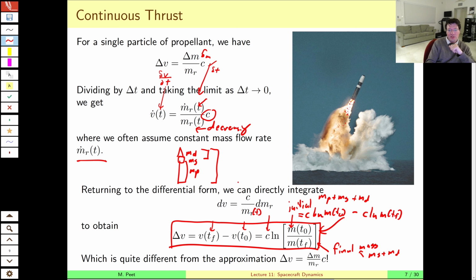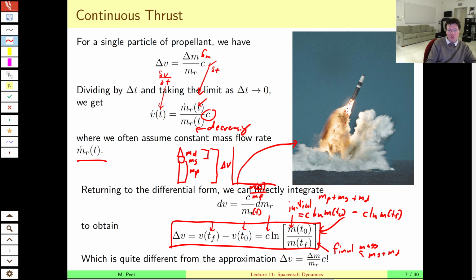So the natural log looks something like that, it really flattens out. If we plot delta V versus this ratio, M naught over M final, then to achieve a higher delta V, the larger this ratio has to be.